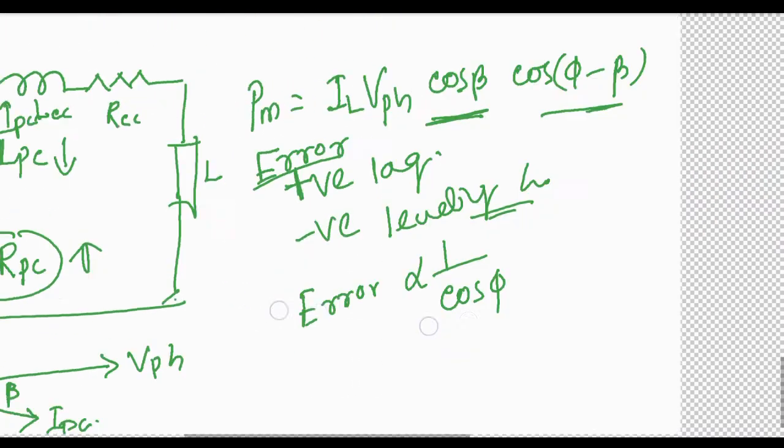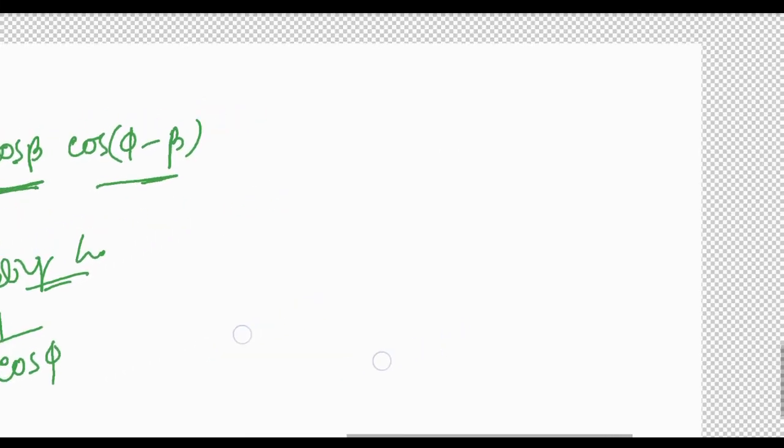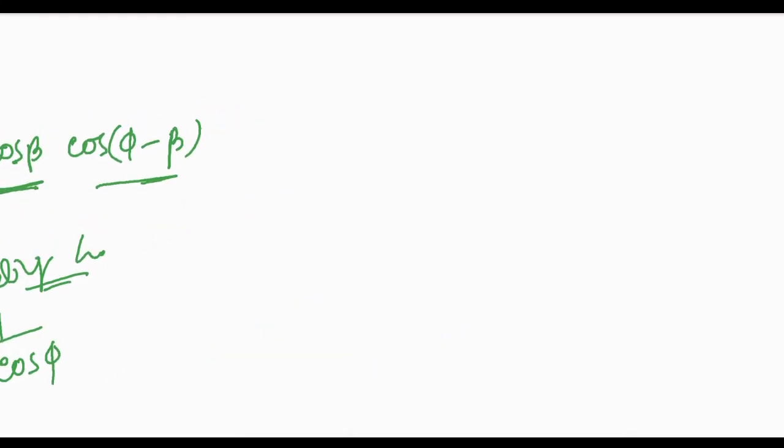And what can be used to make this error small? First thing is the pressure coil should be connected on the load side. Second thing is RPC, that means the resistance of the pressure coil, should be low to increase the torque of that machine.